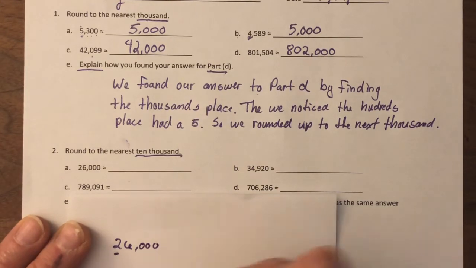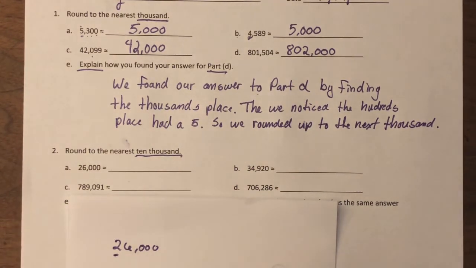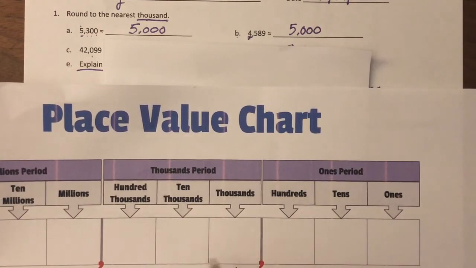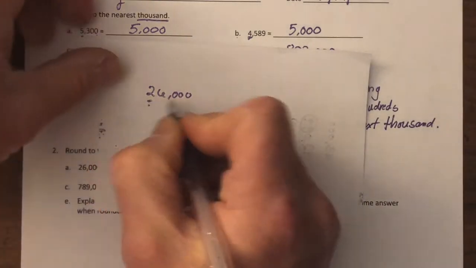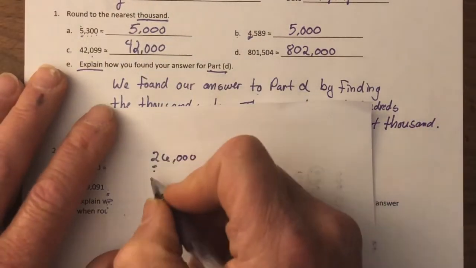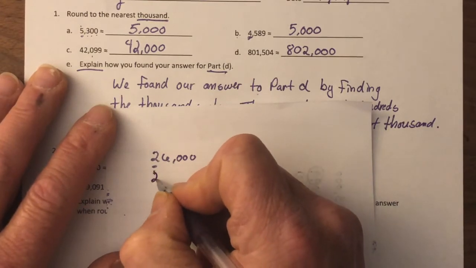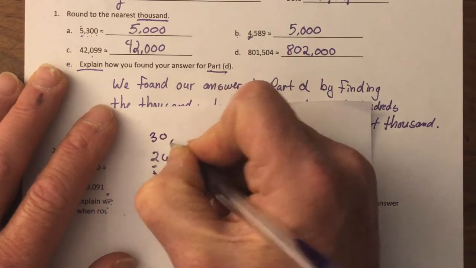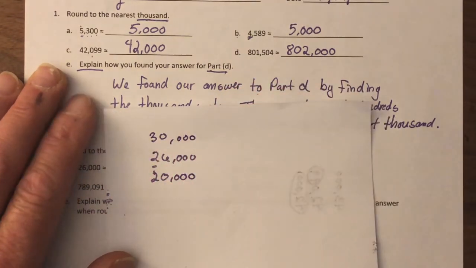The 2 here is in the 10,000s place. I can see from using this that in 26,000, 1, 2, 3, 4, 5, the 2 is in the 10,000s place. So this lands somewhere between 20,000 and 30,000. Okay?